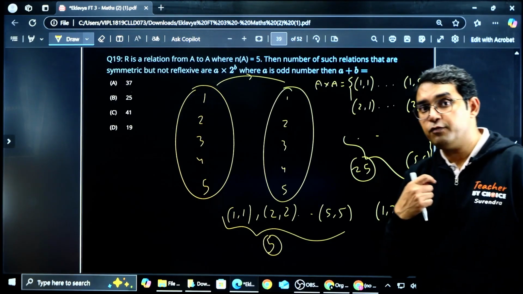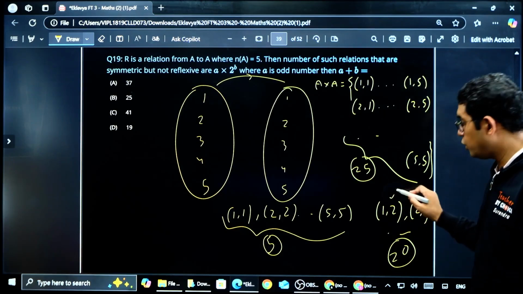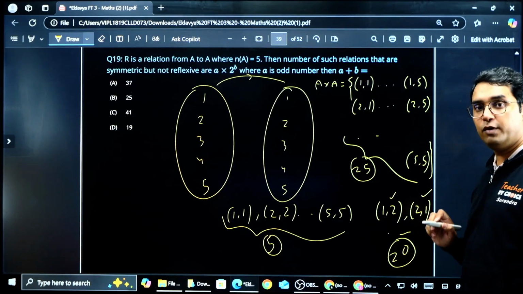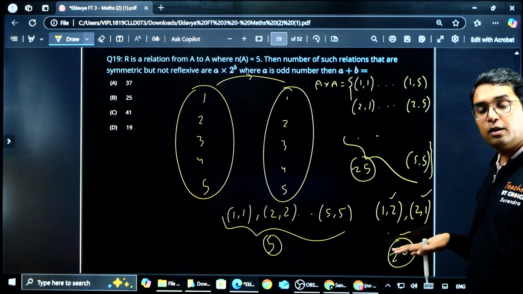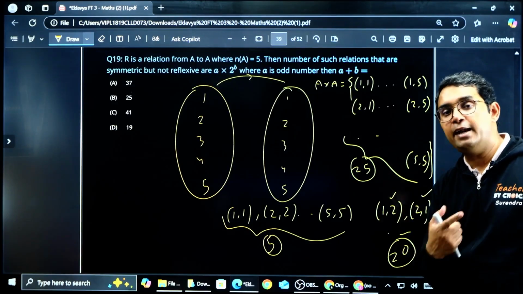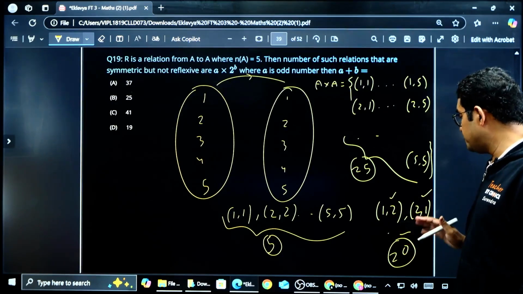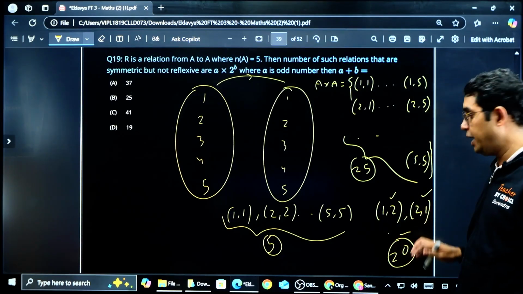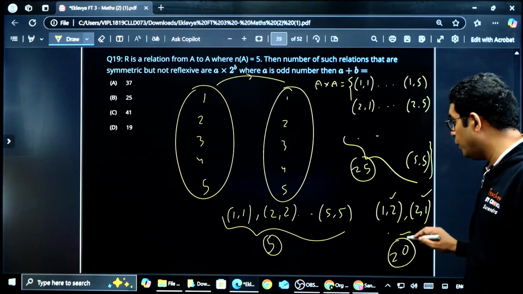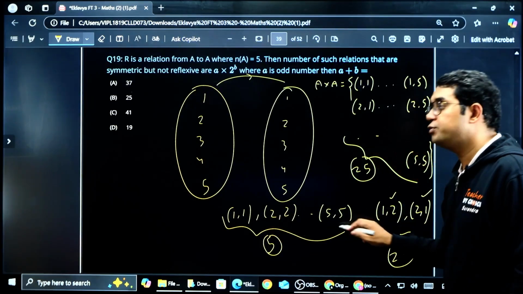Now, if we want this relation to be symmetric, if I choose 1,2, I have to choose 2,1. So out of these 20 entries, I have independently only 10 entries. Because if I choose 1,2, I do not have the option of not choosing 2,1. I have to choose it. So only 10 options for such ordered pairs and 5 options of such ordered pairs.